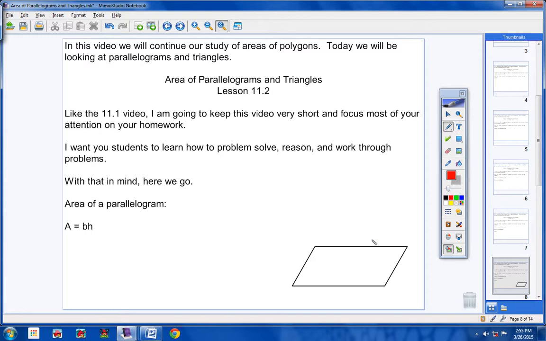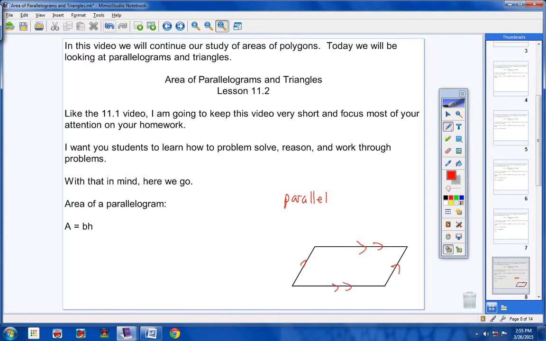Now, the first thing I want to show you is this. The parallel sides are always the bases, alright? Now, when I say that, obviously all of the sides are parallel, okay? This side is parallel to this side, and this side here is parallel to this side here, okay?